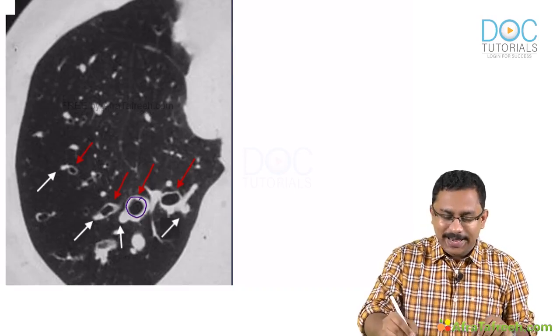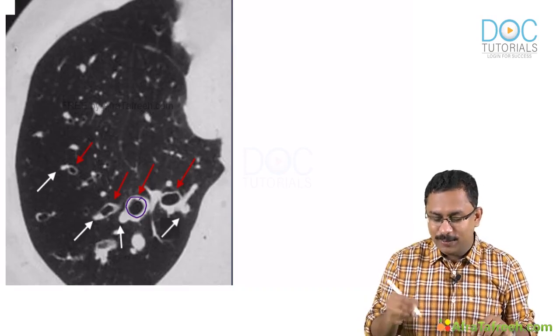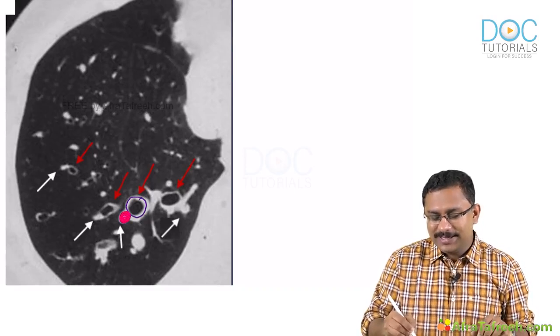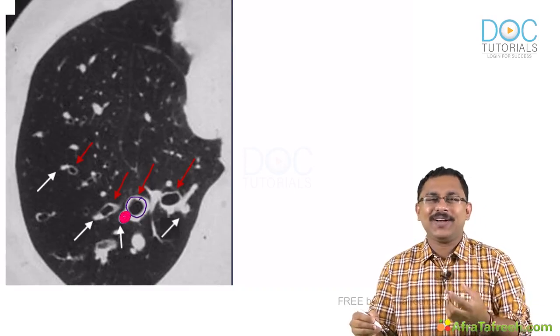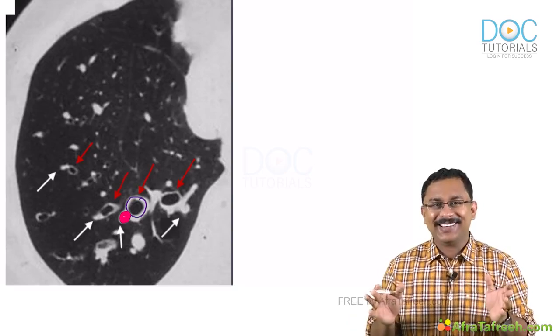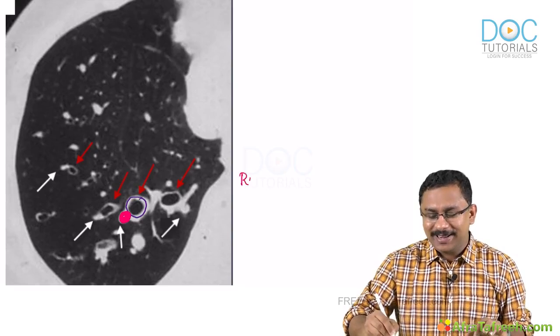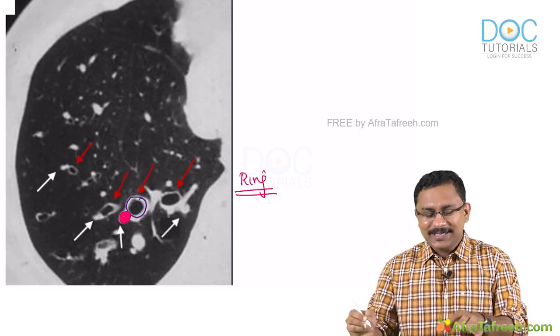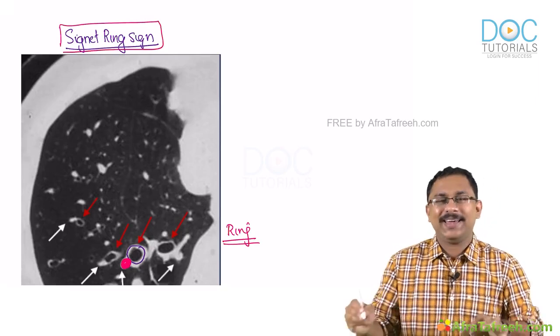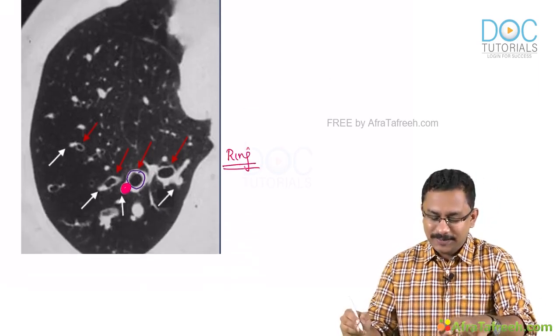Just adjacent to that, the white arrow is pointing to a pulmonary artery. So it is almost like a ring. You agree with me or not? So this is why it is called a signet ring sign. That is another sign that you may get in case of bronchiectasis.